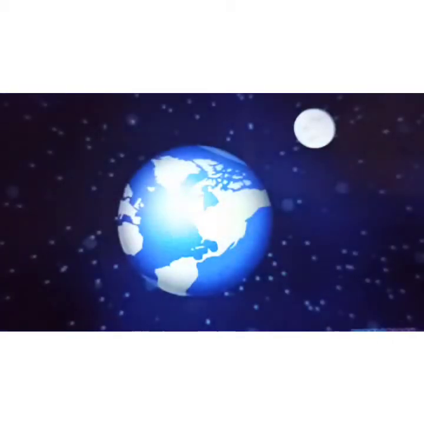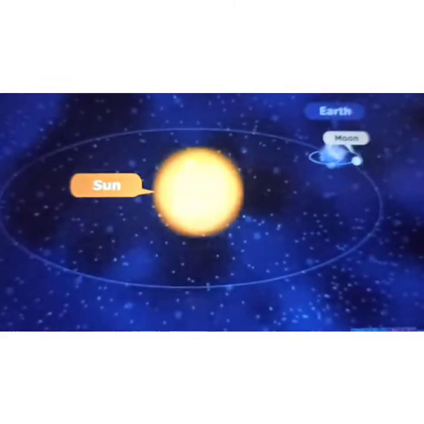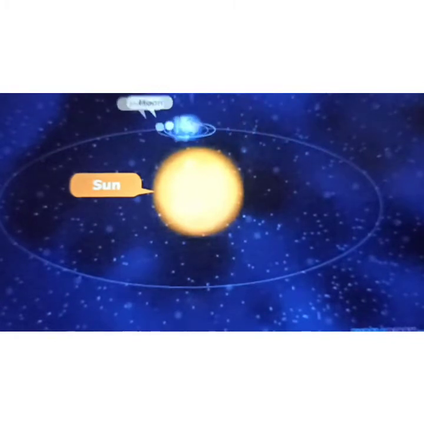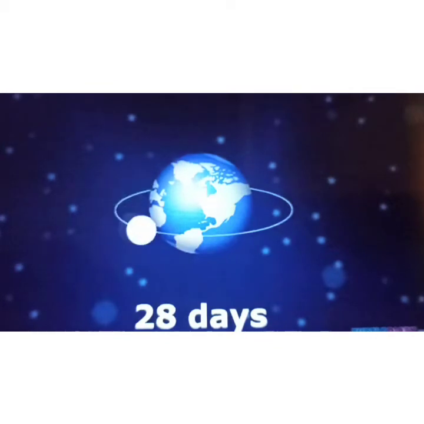It does not give off its own light. It only reflects the light of the sun. That means the sun's light bounces off it. A planet orbits a sun. A moon orbits a planet. The moon takes 28 days to go completely around the earth.